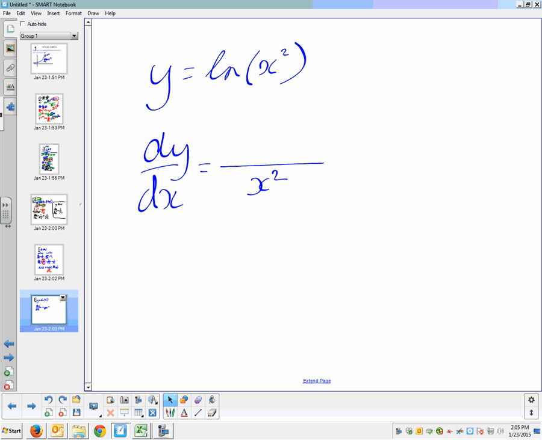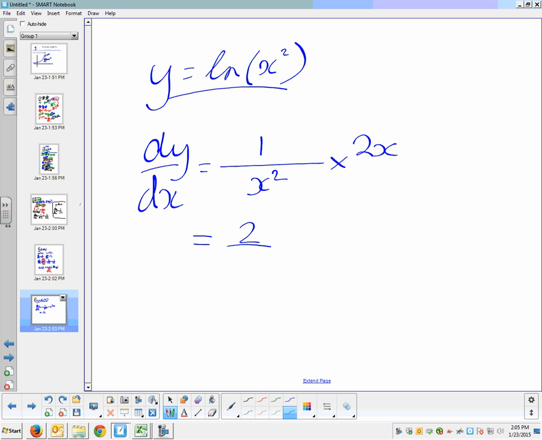Similarly, for log of x squared, you can differentiate using chain rule. Y is log of x squared, so dy by dx is 1 over x squared times 2x. Well, what's going to happen to that? You're just going to get 2 on the top, and the x's are going to cancel, so it's 2 over x.